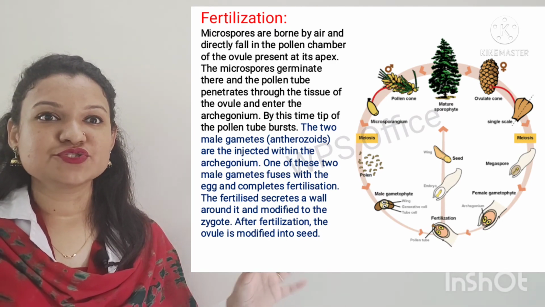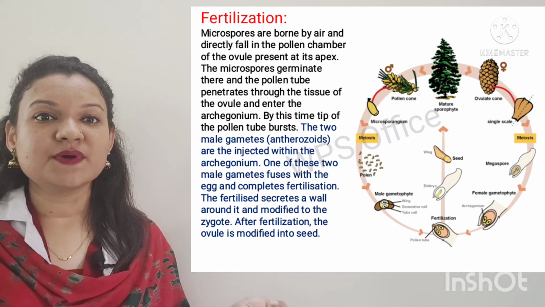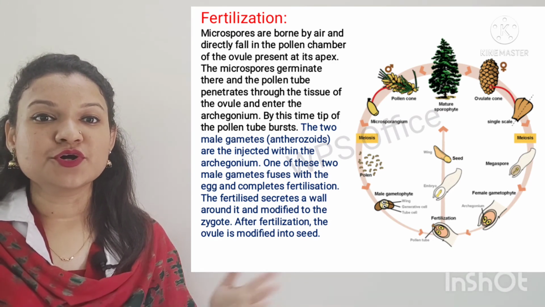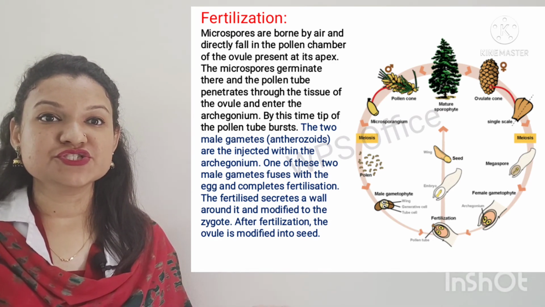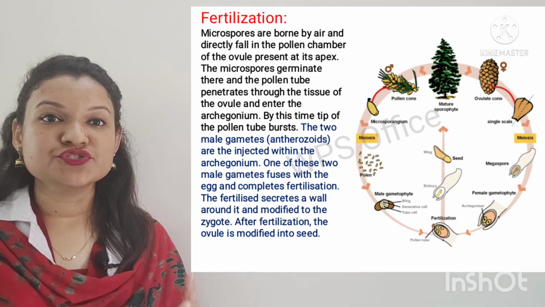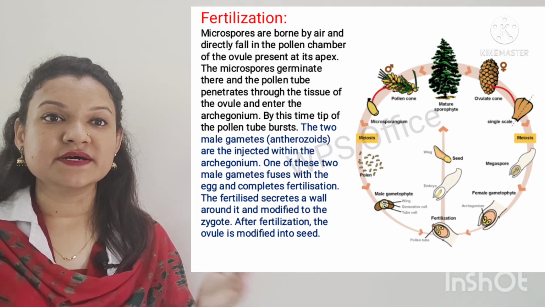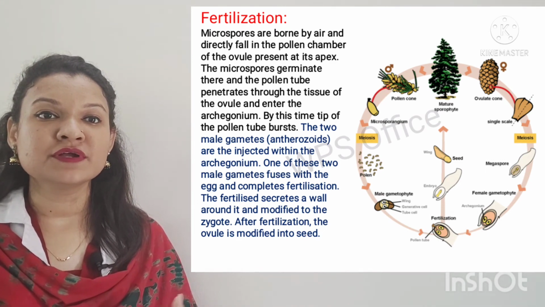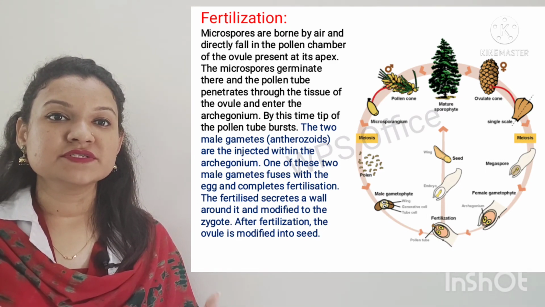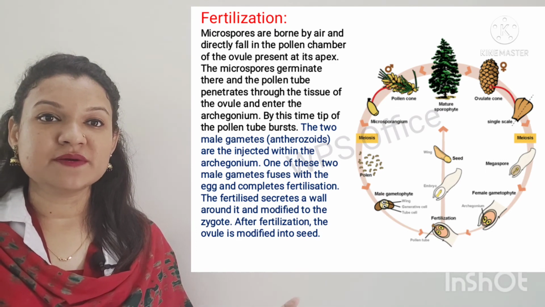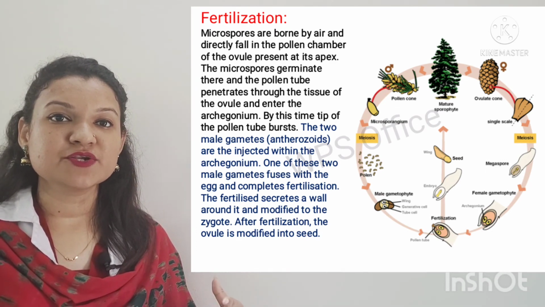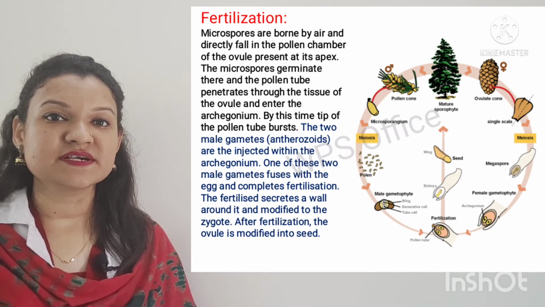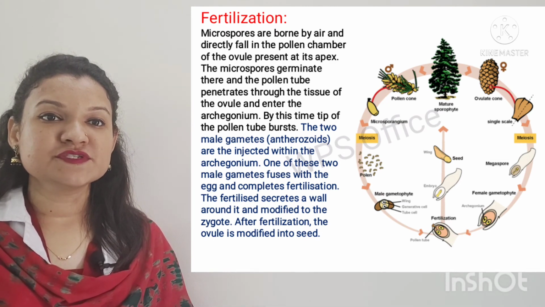Here you can see the picture of the cycle of fertilization. See the mature sporophyte, and then on one side pollen cones and on the other side ovulate cones. From the pollen cone, microsporangia are produced, and on the other side, the ovulate cone produces scales, and then meiosis occurs.